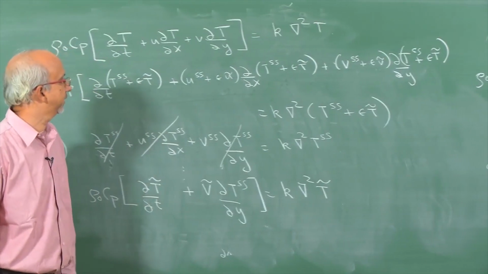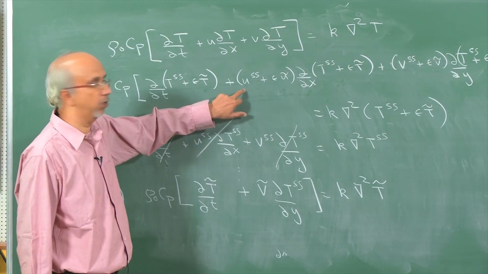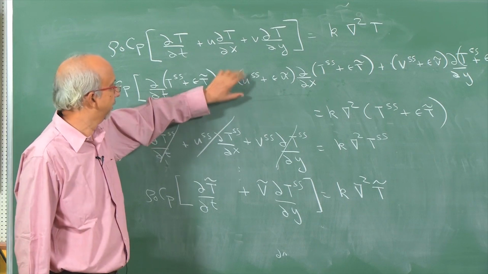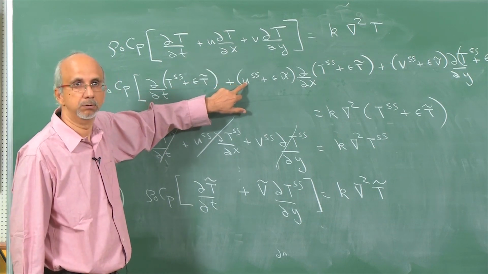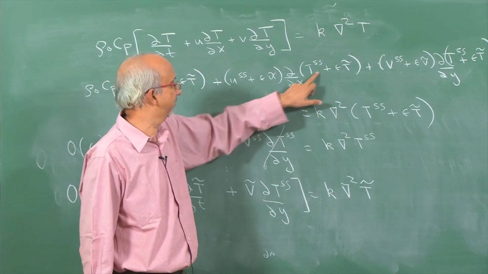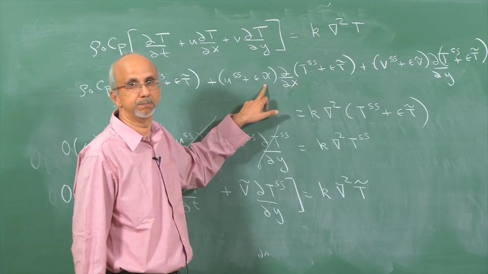I just want to explain to you again why this does not contribute to order epsilon to the power 1. This is 0 and TSS does not depend on x. So, the time derivative is 0 and therefore, I only have a higher order contribution.